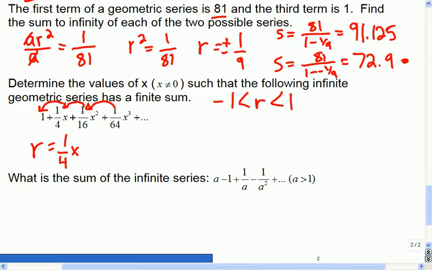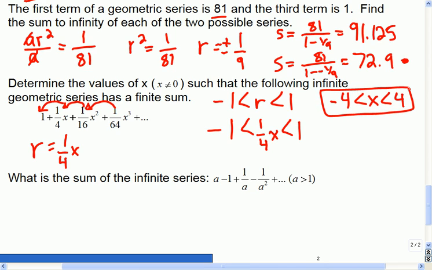So if I know the common ratio is a quarter x, this is what I know. Okay. And we'd like it just to have an x in there, so what could I do to get rid of that quarter? Sorry? Yeah, multiply everyone by 4, and now I'm at my solution. So as long as x is in between -4 and 4, this series converges.